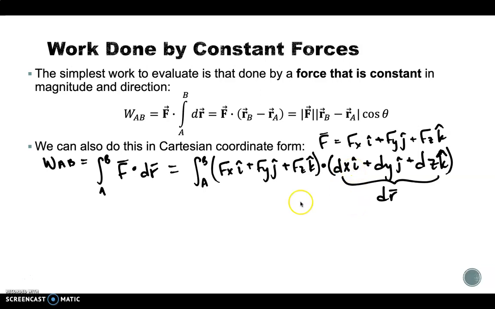Now we'll apply the dot product here. We still have our integral. This is going to be F sub x dotted into the first term, dx, and this is i hat dotted into i hat, which is 1.